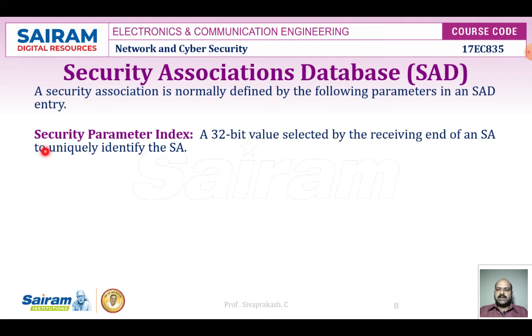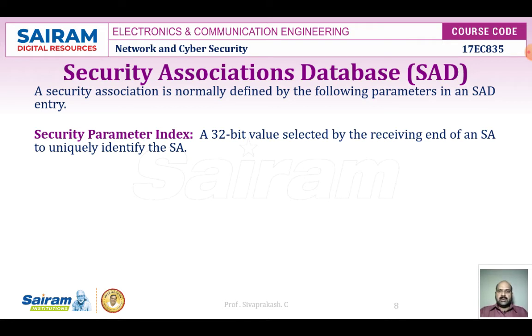The first one is the security parameter index. As we already discussed, it's a 32-bit value selected by the receiving end of a security association to uniquely identify the security association.